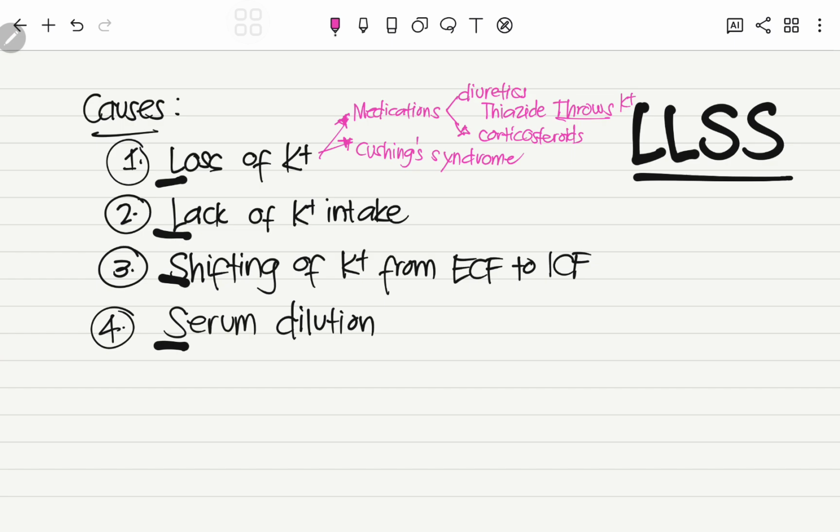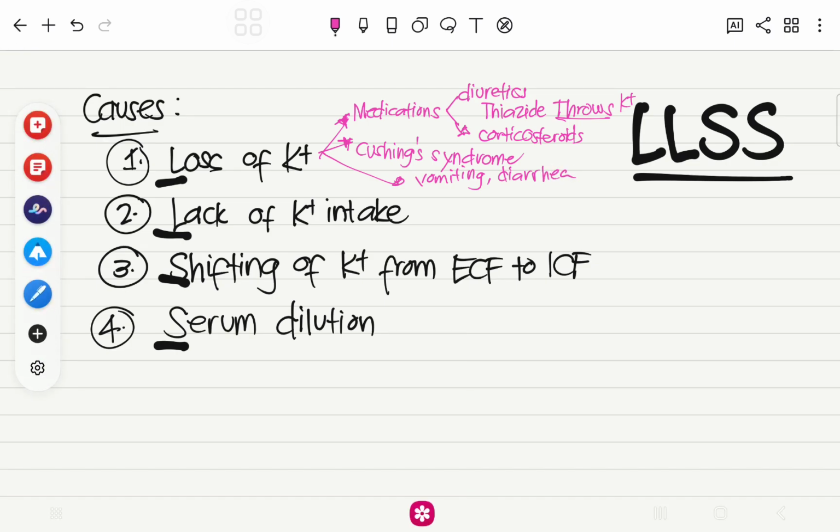So other causes can actually also cause potassium loss, such as, say for example, your vomiting. Alam natin yan. Syempre kapag nagsusuka ang pasyente natin, there could be an actual potassium loss. Others also may follow, such as your diarrhea, and of course your wound drainage, your gastrointestinal or nasogastric suctioning.